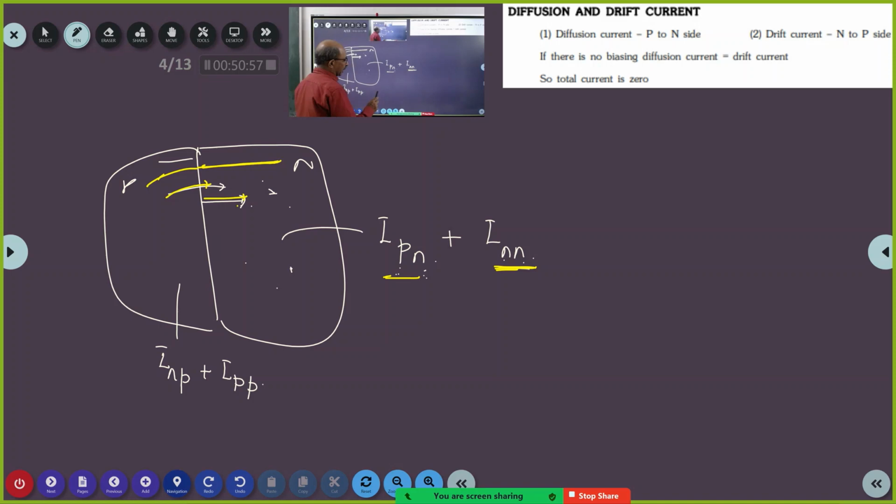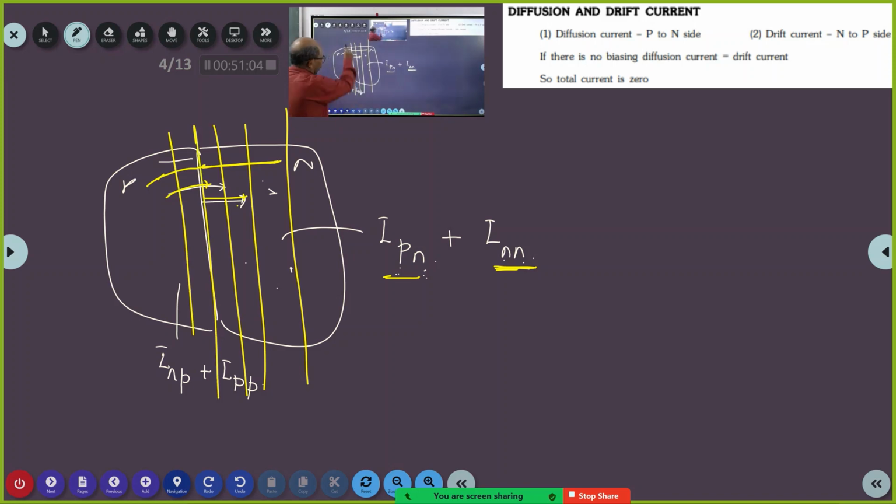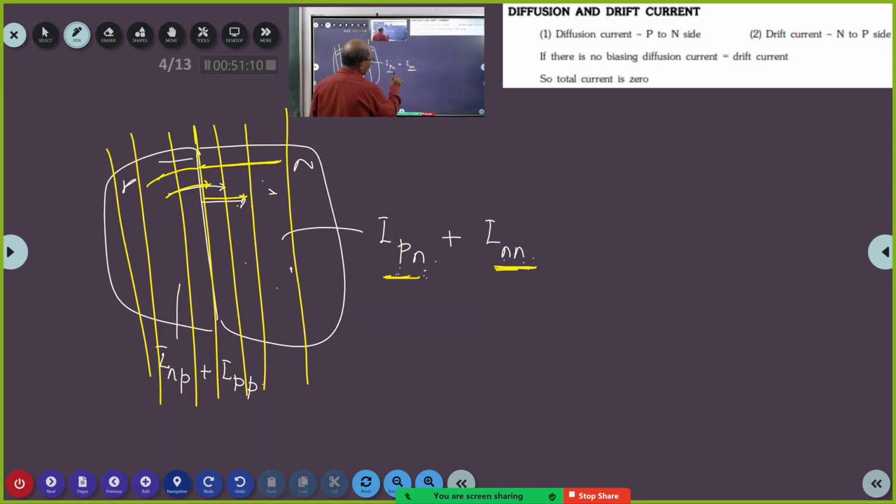Both are due to diffusion. No doubt about it. So now, at any point, you take at this point, or this point, or this point, I'm just showing you this. So what will be the sum total of these two?